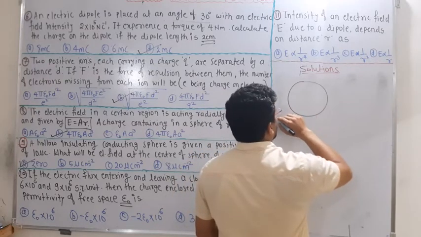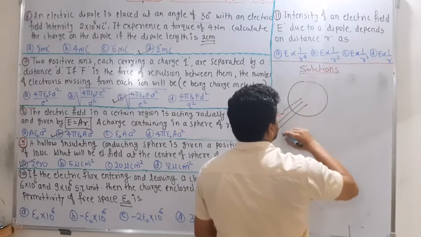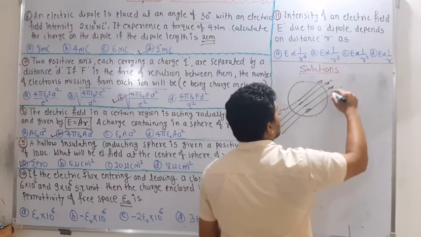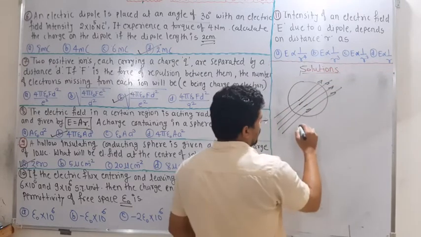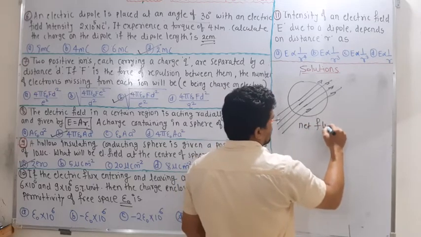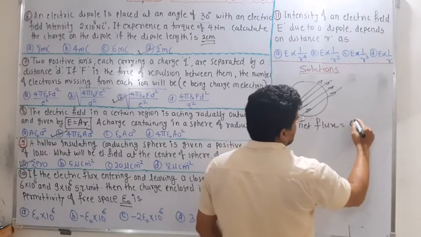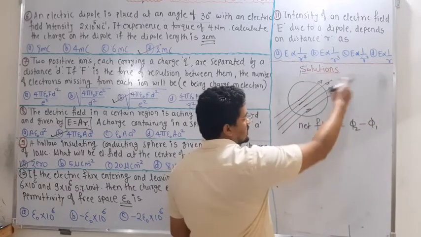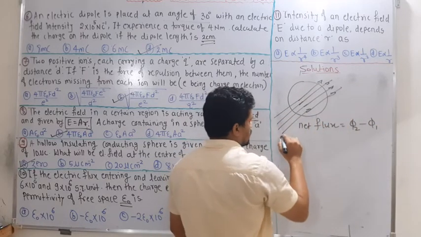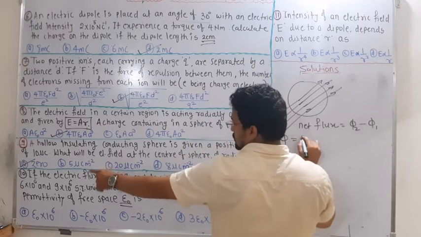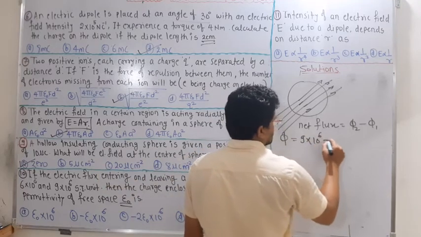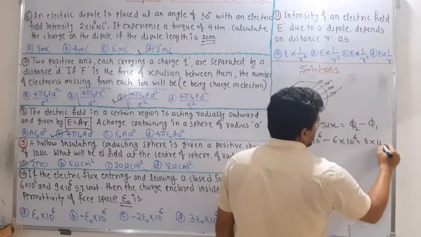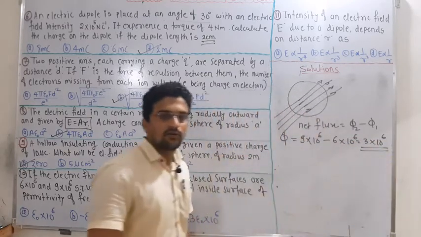The electric flux entering is compared to the electric flux leaving the surface. Therefore net flux you have to find out, that is nothing but phi 2 minus phi 1, that is leaving minus entering. So net flux is equal to 9 into 10 to the power of 6 minus 6 into 10 to the power of 6. You will get 3 into 10 to the power of 6. So this is the net flux.